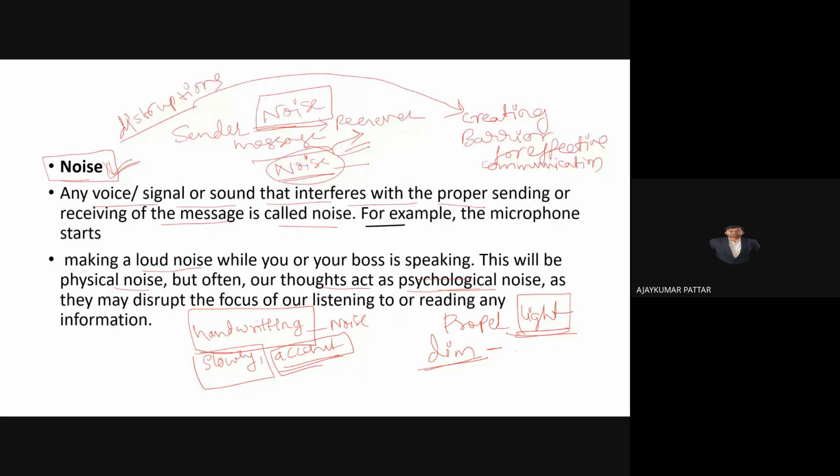The diminished light is considered noise in this context. Or I am using a microphone in the classroom, but the microphone is creating an unusual sound, then that is also considered noise. Noise means anything that is disrupting effective communication.